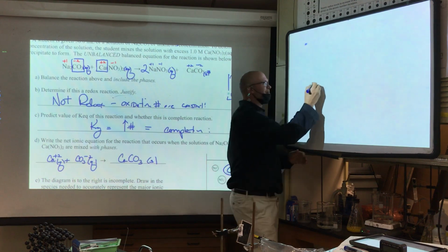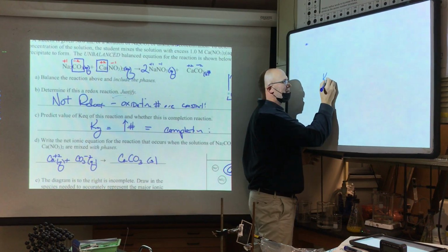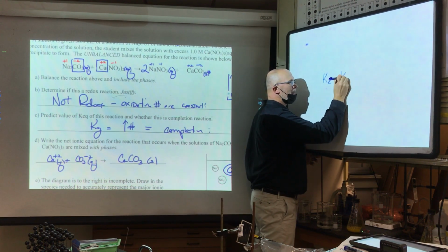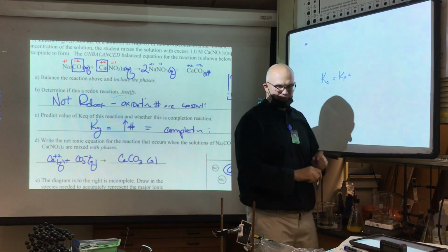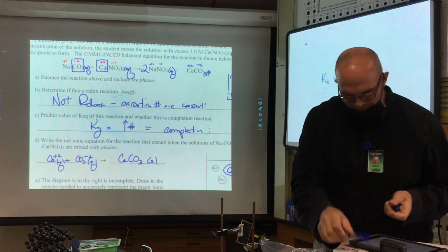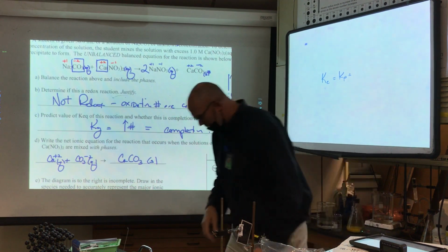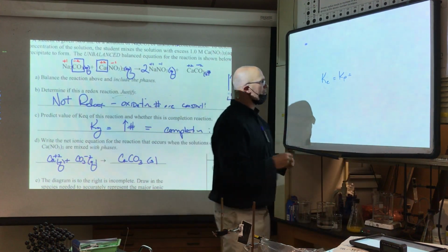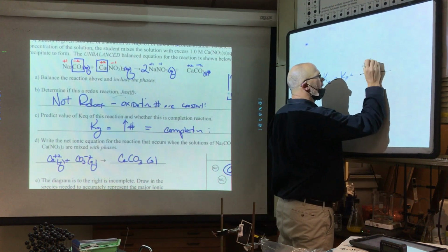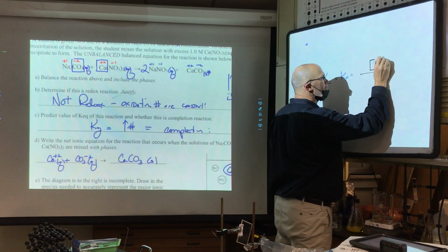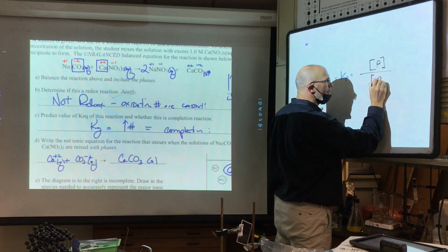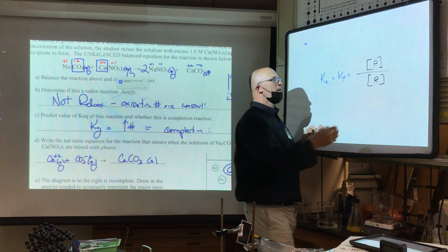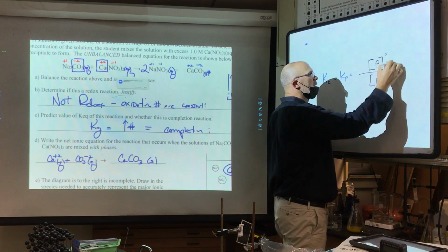KEQ has some synonyms, KC, KP, we'll talk about them. It's equal to, generally speaking, the concentration of the products over the concentrations of the reactants, to their coefficients.